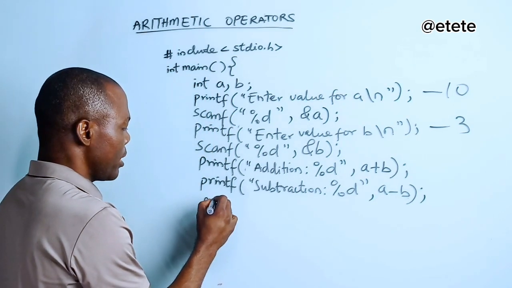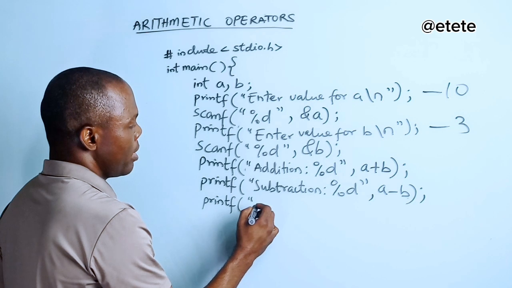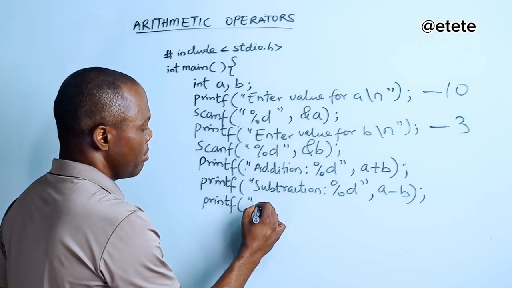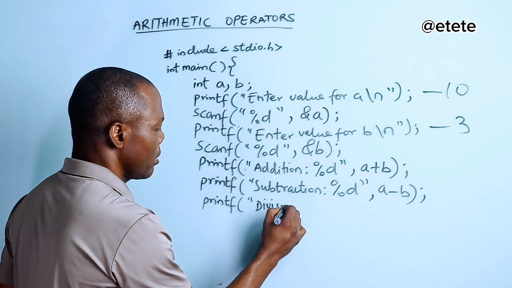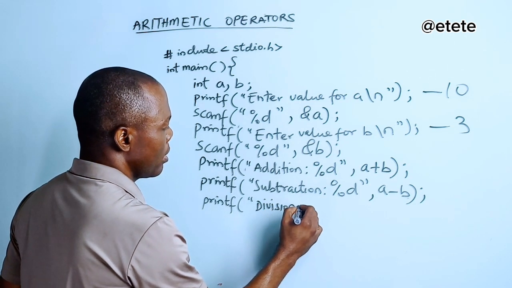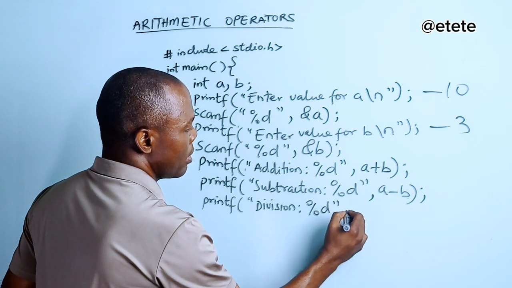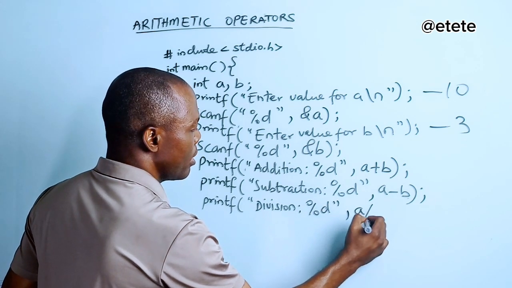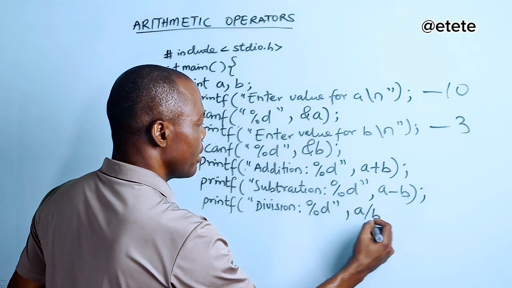Then here I will say printf, division, then a divided by b, right?